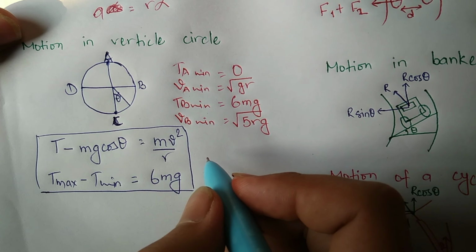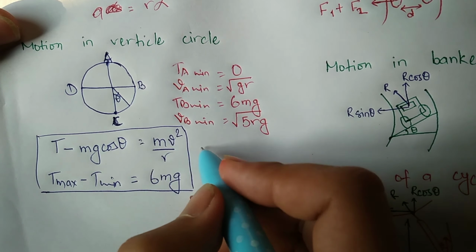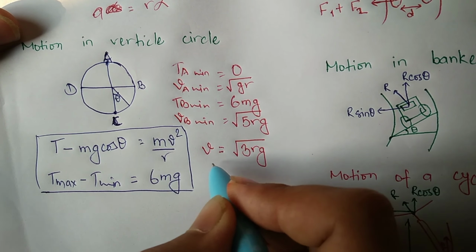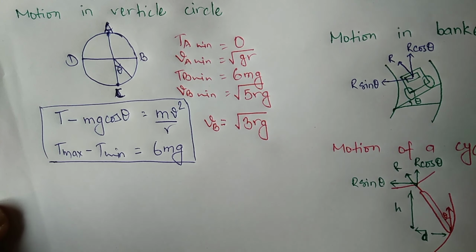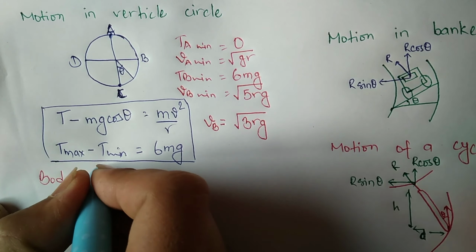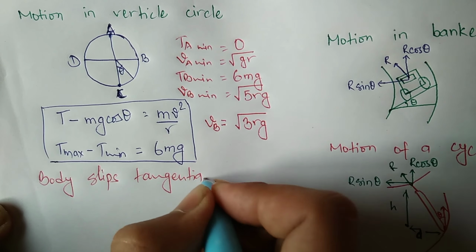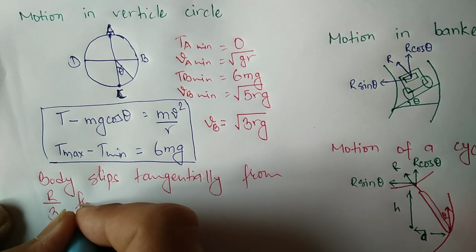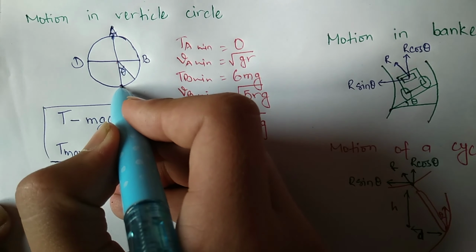Well, some questions ask directly the problems for this velocity, then v is equal to root under 3 rg. Body slips tangentially from r by 3 from center. So when you have to count from the base, you have to add the radius here.